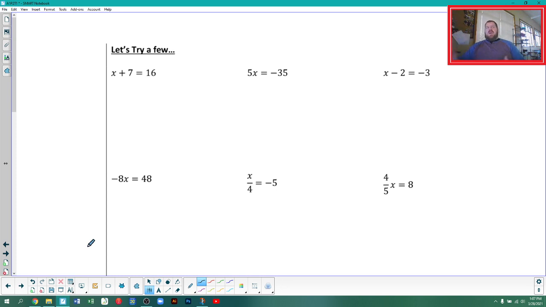The most basic way is the number puzzle idea, which is valid, and I'm okay with you thinking of it that way, but I urge you to advance enough to understand why it's happening as well. The number puzzle idea is saying, what plus 7 is equal to 16, challenging yourself to have the number sense to do that.